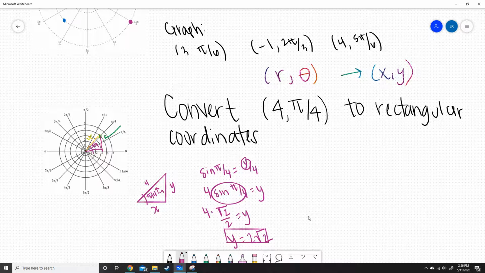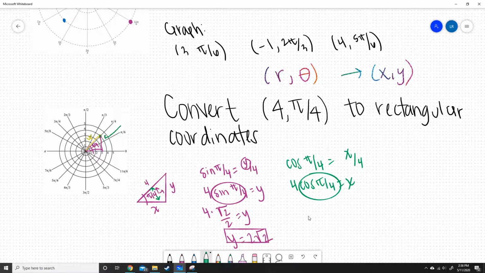Now, the x component of this, because it's 45 degrees, is very intuitive, because on a 45-45-90 triangle, x and y have to be exactly the same. But let's go ahead and work it out. If we were to do cosine of pi over 4, we'd have x over 4, adjacent over hypotenuse. So cosine of pi over 4 equals x over 4. Now we'd multiply by 4, and we'd have 4 times cosine of pi over 4 equals x.